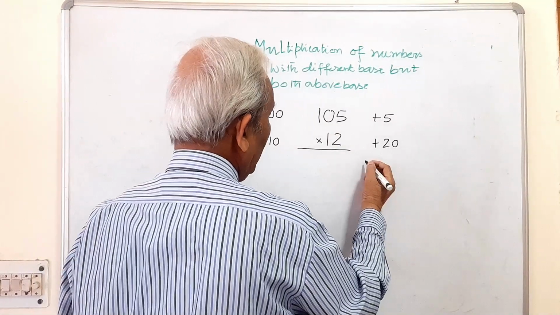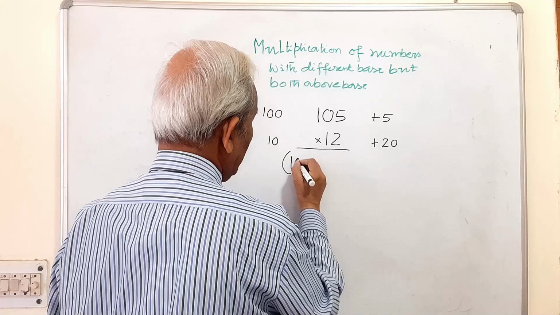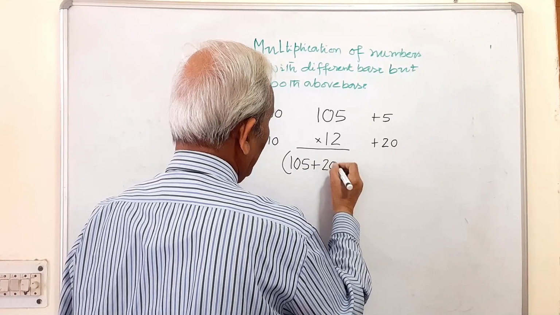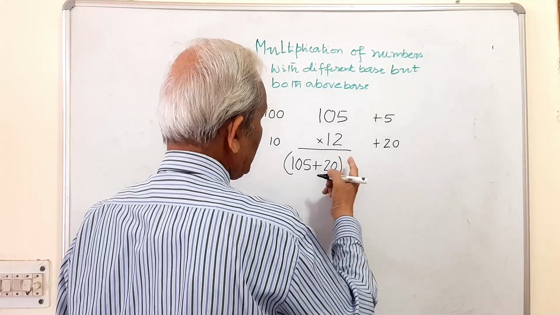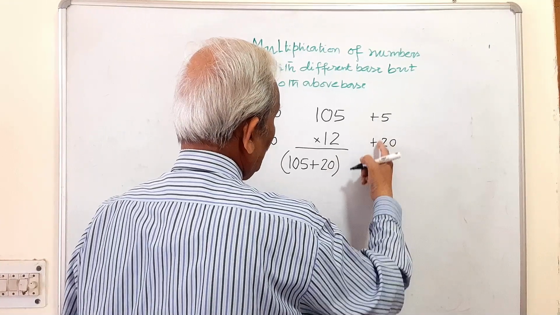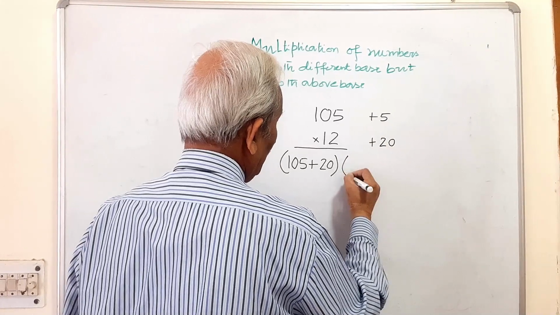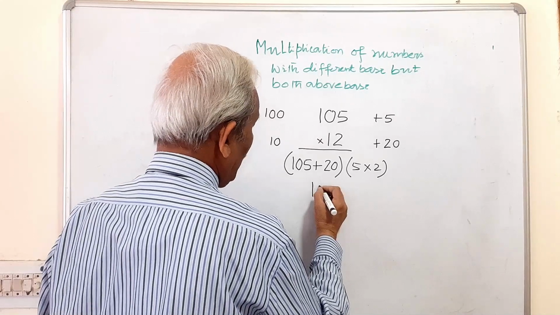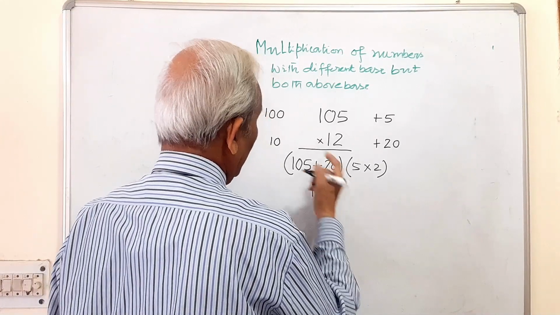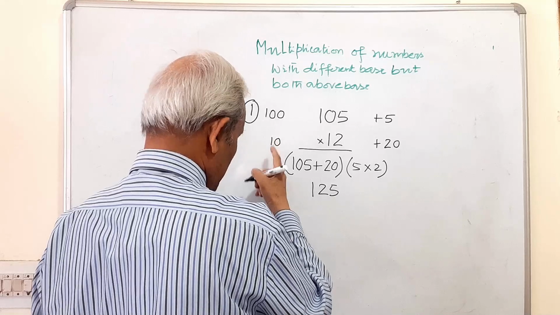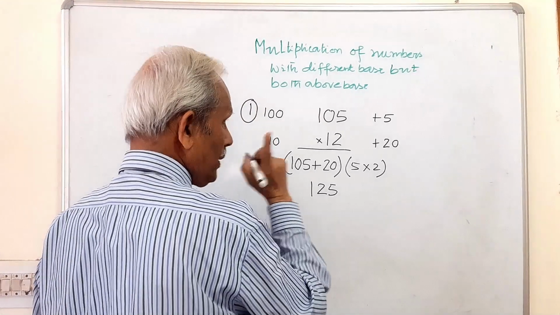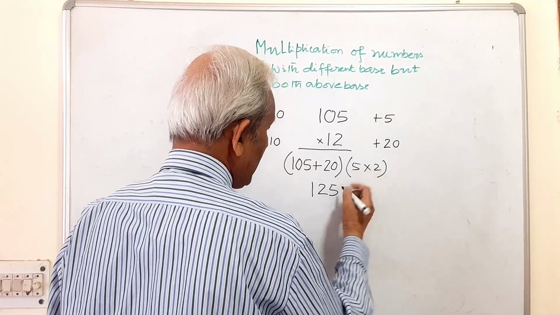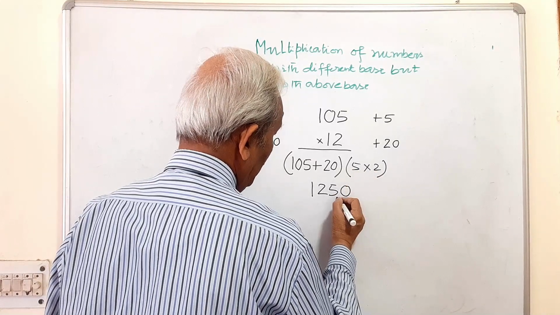Now take the bigger number 105. This is the first part of the answer. 105 plus this difference 20. This is the first part of the answer, and the second part of the answer is 5 into 2, the original 5 and 2, 5 into 2, that is this. So here this becomes 125, and in the base of the smaller number, check up the base of the smaller number, it has got 1 zero, so we can have only one digit here. 5 into 2 is 10, so write 0 here and 1 below this.